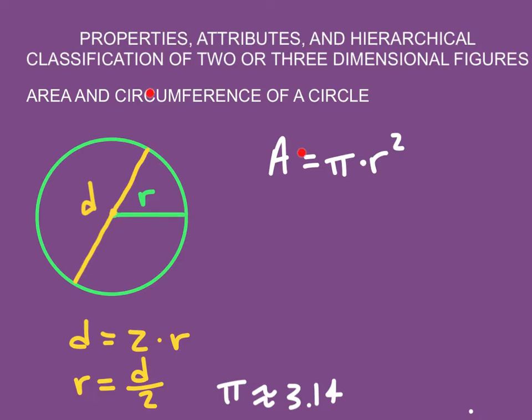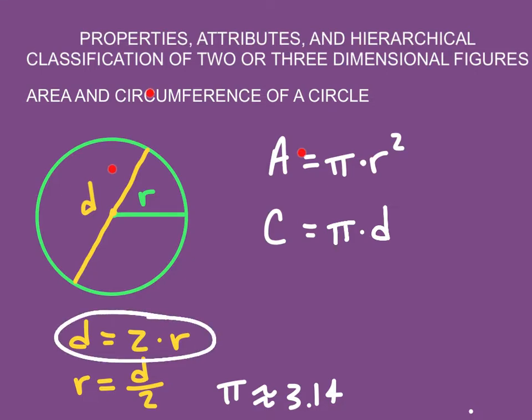And if you wanted to calculate the circumference, the distance around the circle, also think of it as like the perimeter of your circle, is equal to pi times your diameter. And since your diameter is equivalent to 2 times your radius, sometimes we also say pi times 2 times your radius. And a lot of times you'll see this formula as 2 times pi times your radius. Doesn't matter, that's the commutative property, meaning that you can reorder things that you multiply.